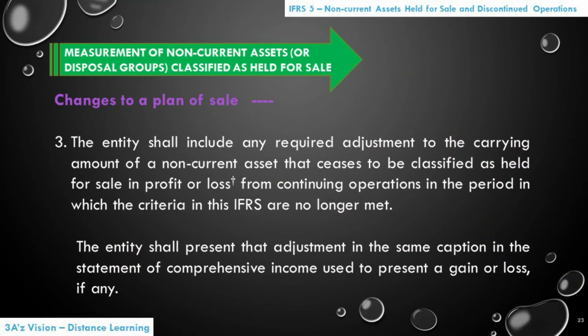Number 3. The entity shall include any required adjustment to the carrying amount of a non-current asset that ceases to be classified as held for sale in profit or loss from continuing operations in the period in which the criteria in this IFRS are no longer met. The entity shall present that adjustment in the same caption in the statement of comprehensive income used to present a gain or loss, if any.